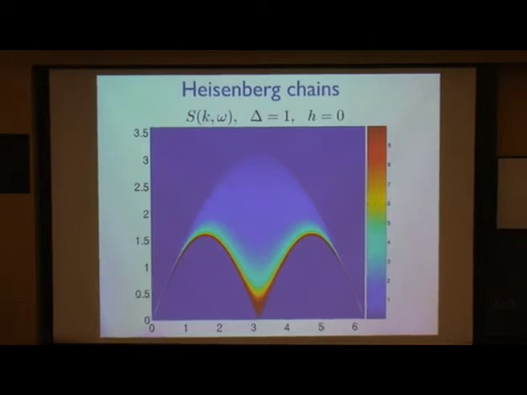Okay, so you remember we talked about spinons. I showed you the dispersion relation of spinons. Well, essentially this is the line corresponding to the dispersion relation of spinons, and this is the two-spinon continuum. The correlation is non-zero here, but it's stupidly small.